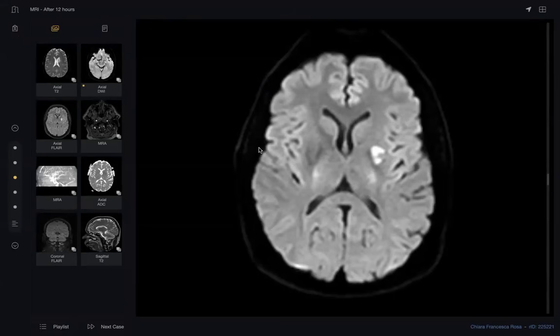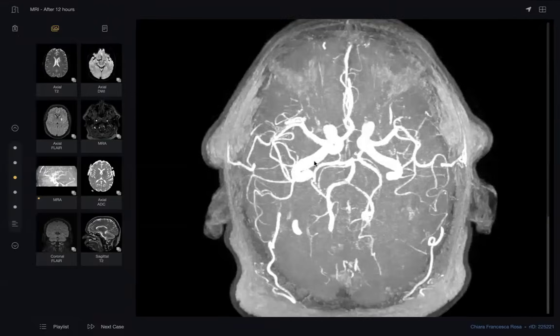Okay, what next investigation do you expect to be done for this patient, or will you suggest? CT intracranial angiogram, please. This is the angiogram. See, now you are presented with MRI, including this angiogram.